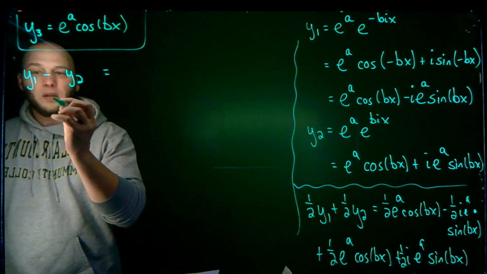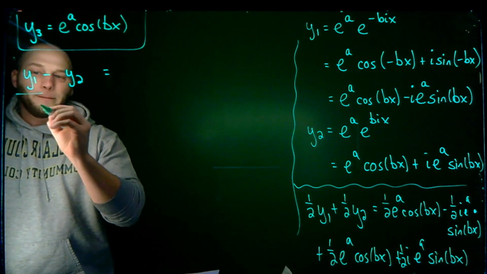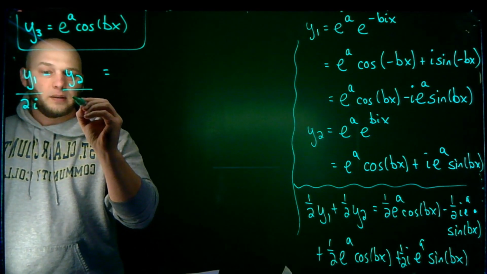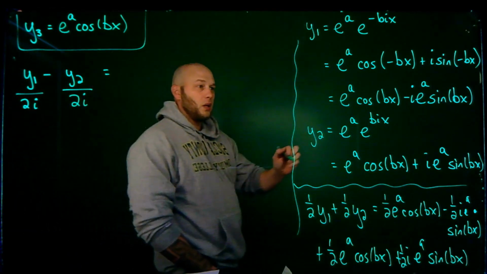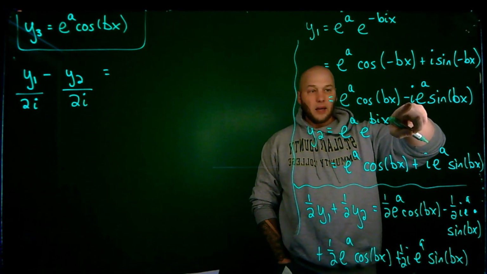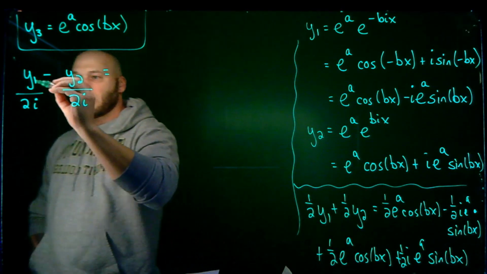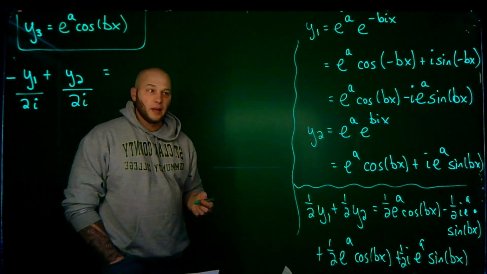And then I have to cancel that. So what I'm going to do is divide this by 2i. Let's do minus and then plus. Let's go ahead and write this out.